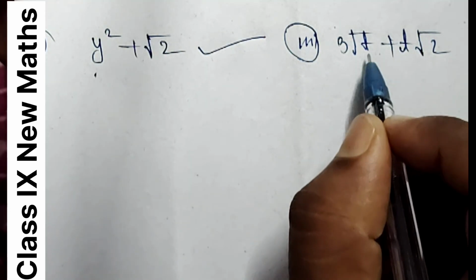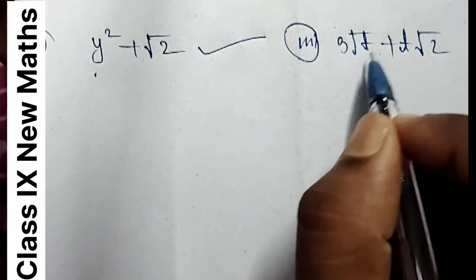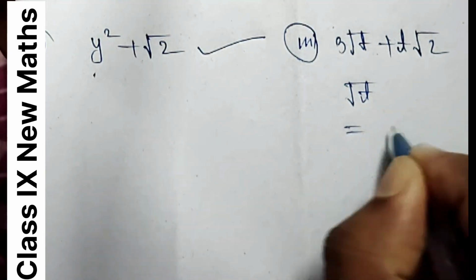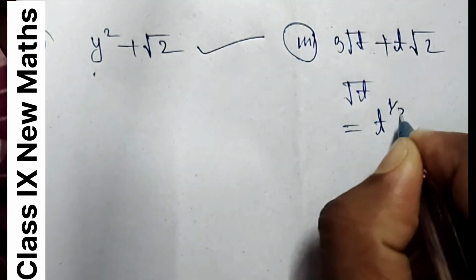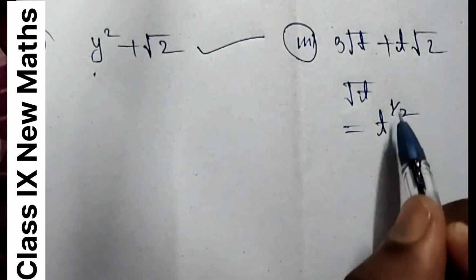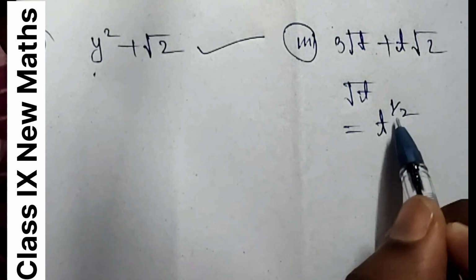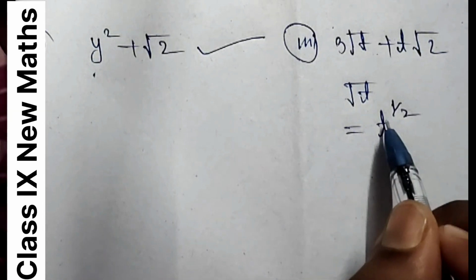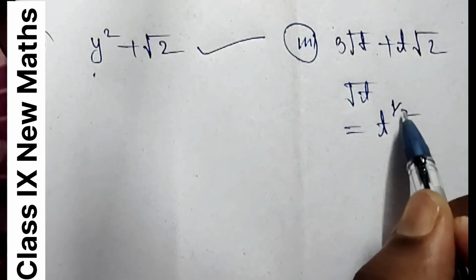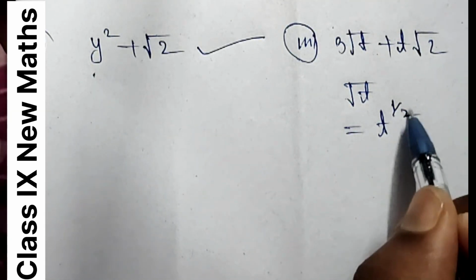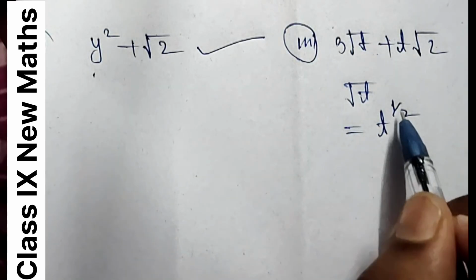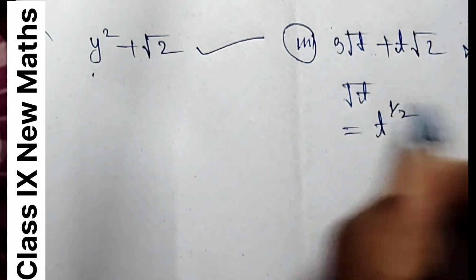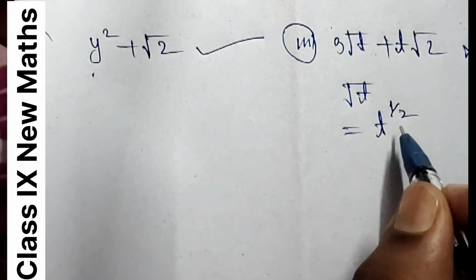But in the other t, there is root t. What is the meaning of root? We write it like this: t to the power 1 by 2. See, 1 by 2 is not an integer, and the definition says non-negative integers. Now 1 by 2 is a fraction, so that's why this is not a polynomial.